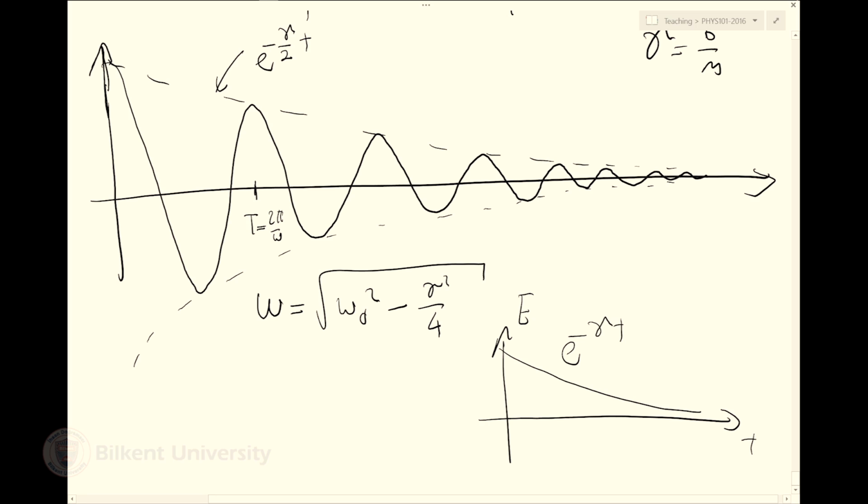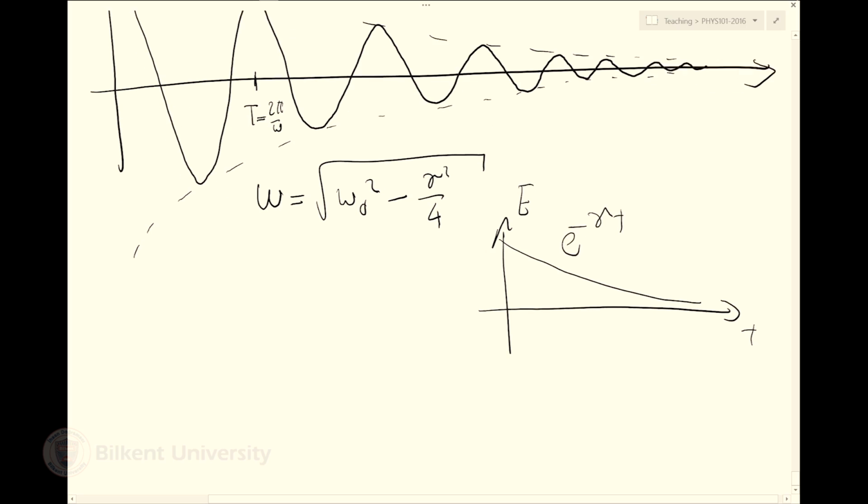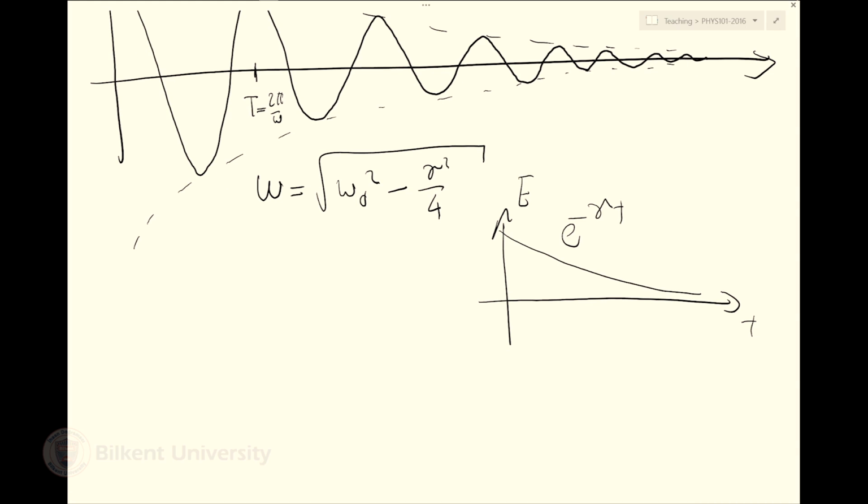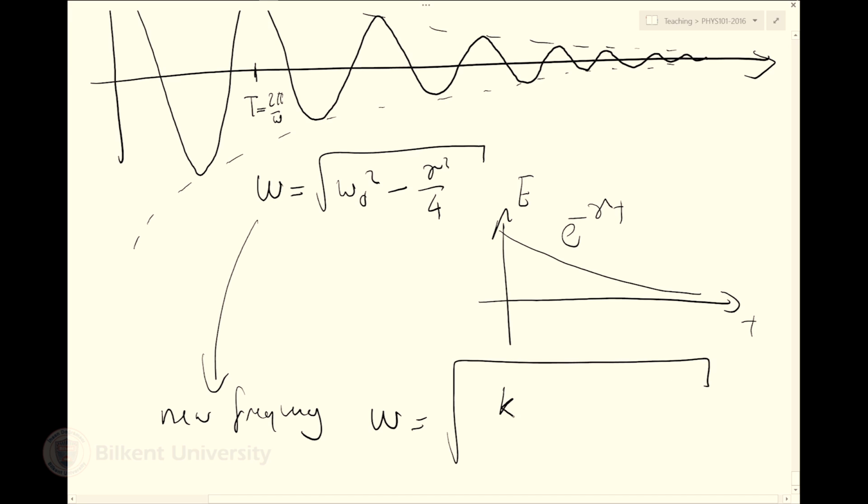So that your mechanical energy decays with time. But here is something interesting. My new frequency, let me write it in terms of the original parameters. Omega squared was k over m, and gamma is b over m.